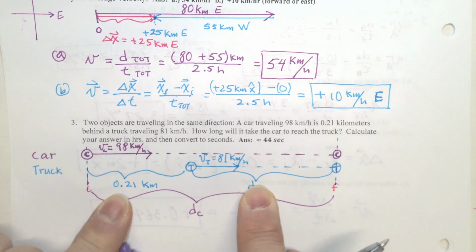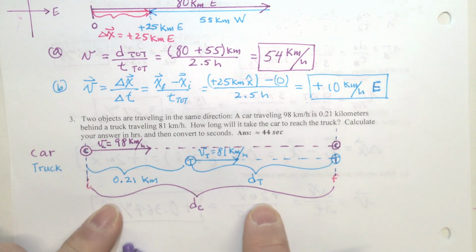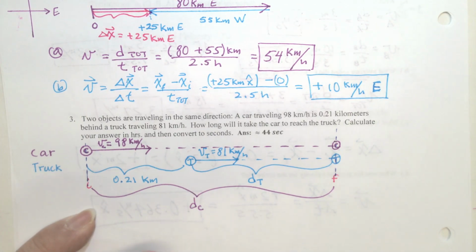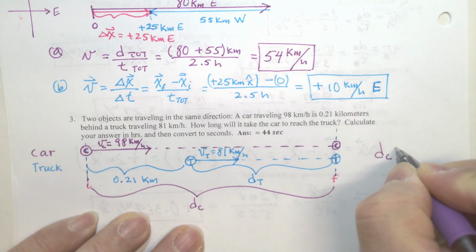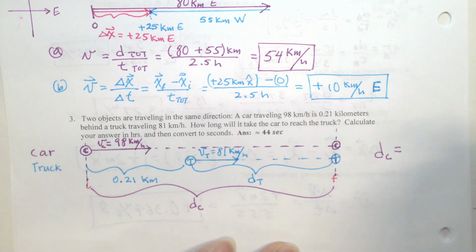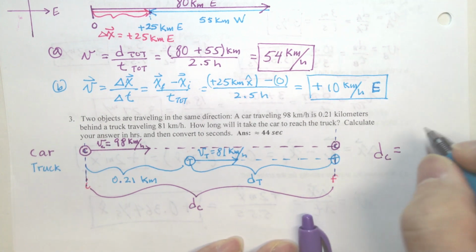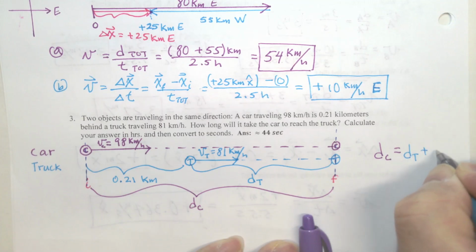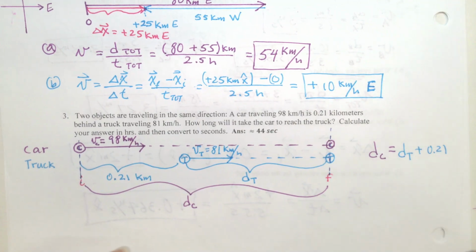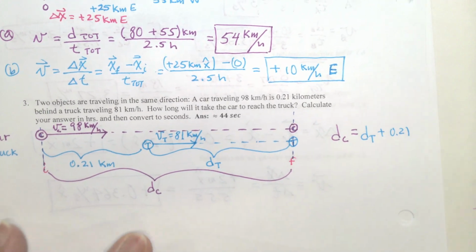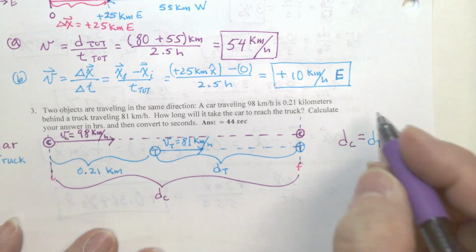Does that make sense? So you can see that the distance the car travels is the same as the distance for the truck plus 0.21 kilometers. Can we all see that? Yeah? So this is good to know.